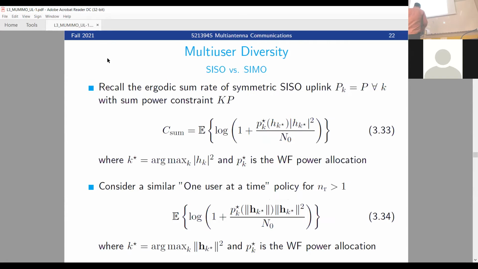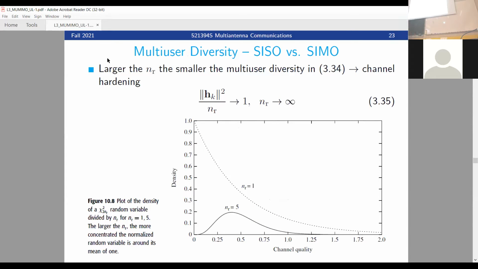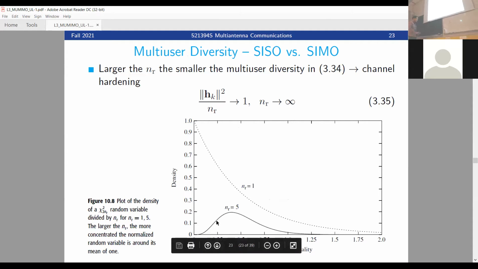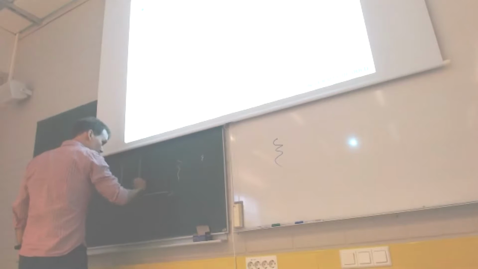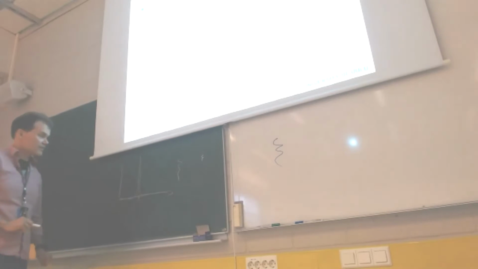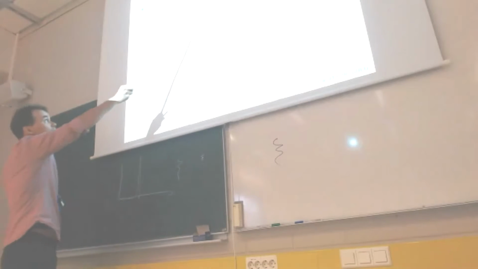We notice that if the number of antennas becomes very large, the distribution of the norm of the channel becomes really peaky and concentrated around 1, right?